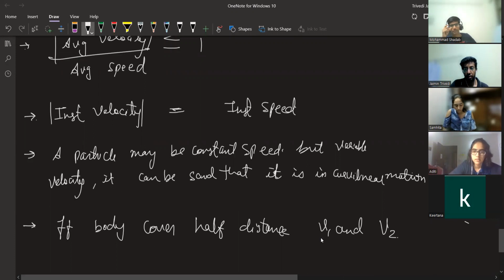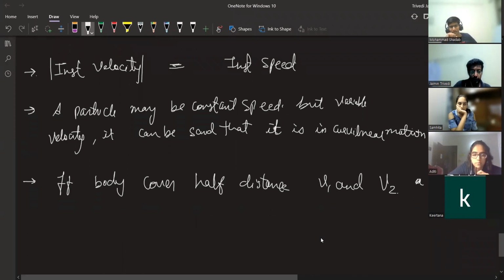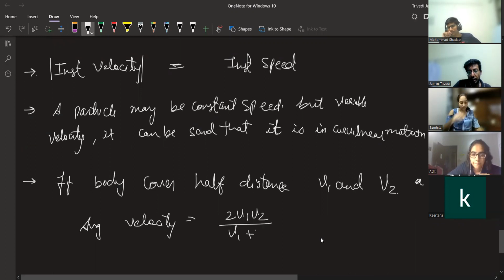V1 plus V2 by 2. But if I say average velocity, it will be 2v1v2 by v1 plus v2.